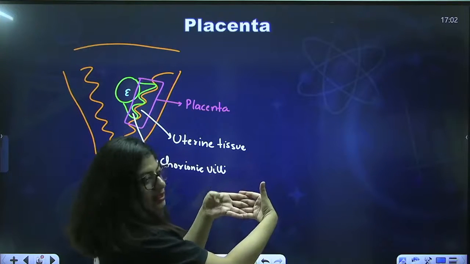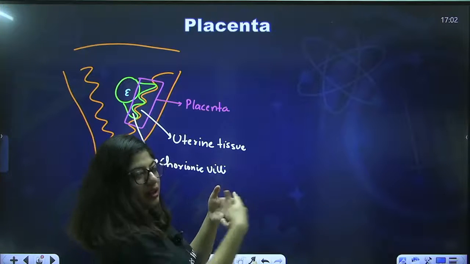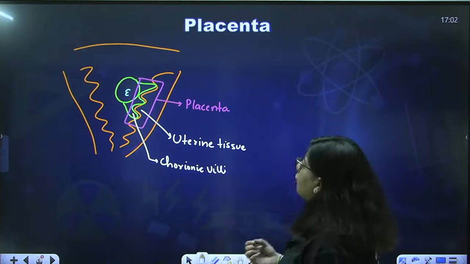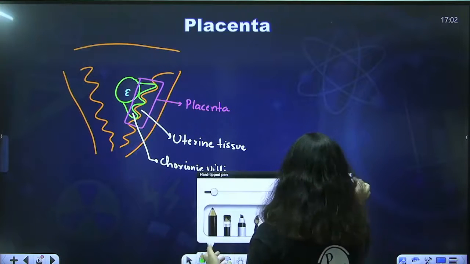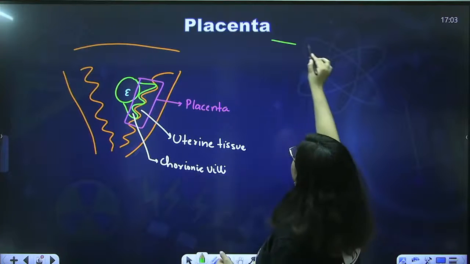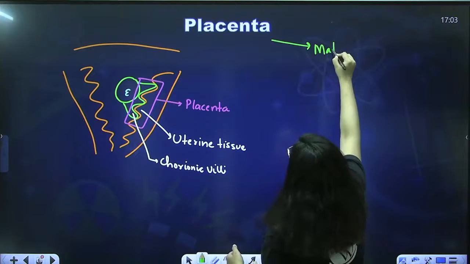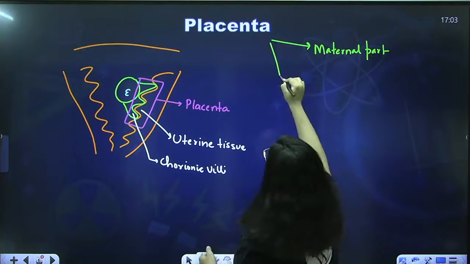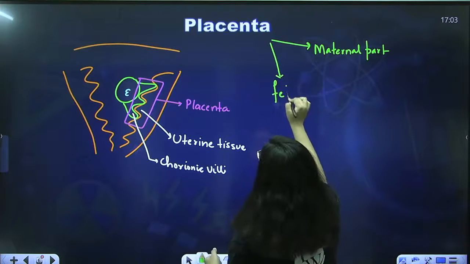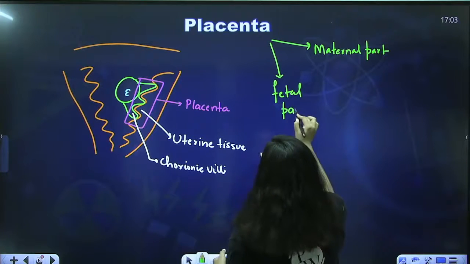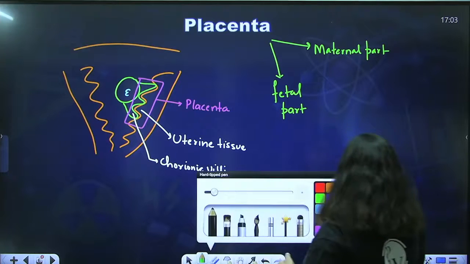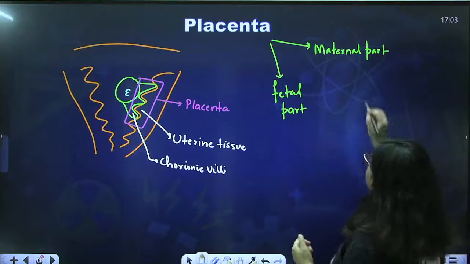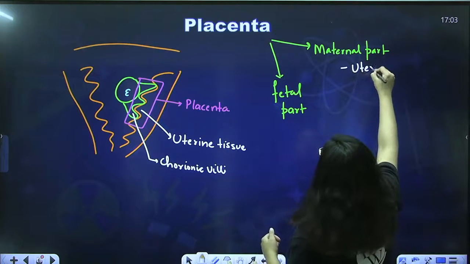So this will be the placenta which is holding both together. So placenta is technically formed by both the maternal part and the fetal part. So not only the mother is responsible for formation of placenta, and not only the fetus is responsible. Okay, now what is the maternal part? Uterine tissue.